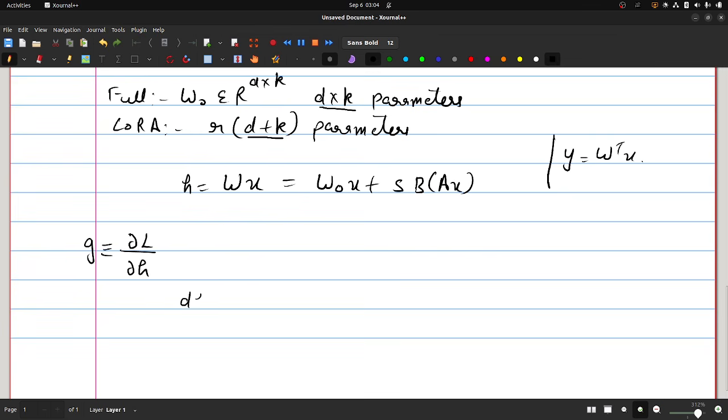So your dH is given as follows. Since W0 is fixed and X is also fixed, their derivatives are equal to 0.